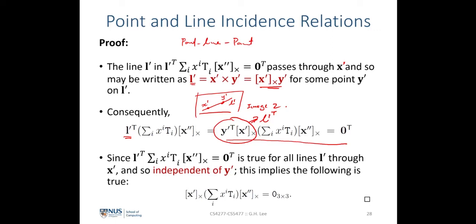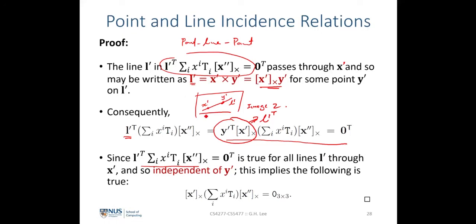Now, what's interesting here is that we know the point-line-point incidence relation, which is given by this, is the same as what we have seen earlier on. The incidence relation here is going to be true for every line L prime that passes through any point x prime.